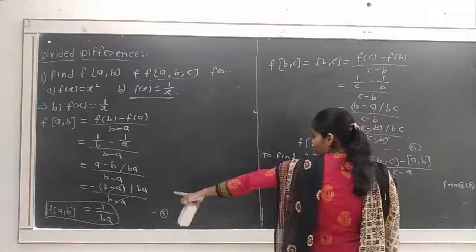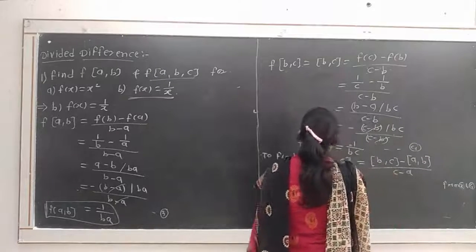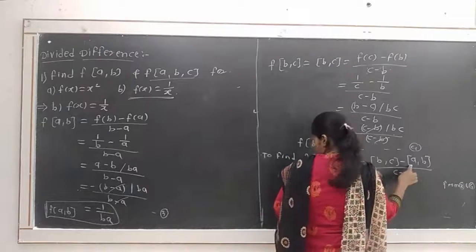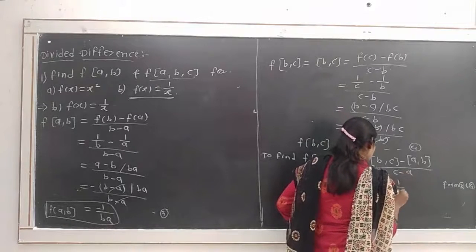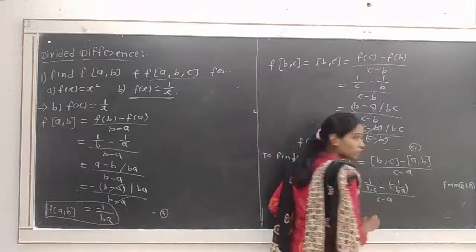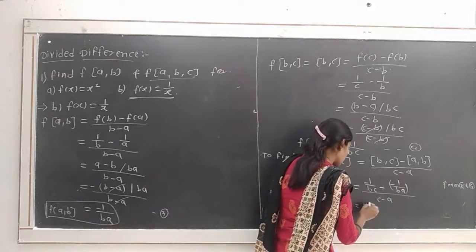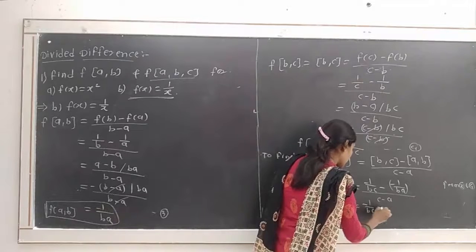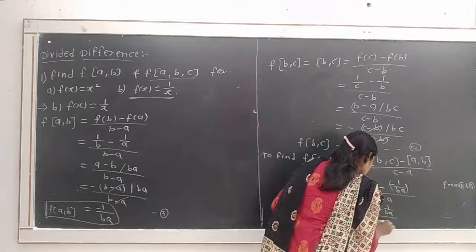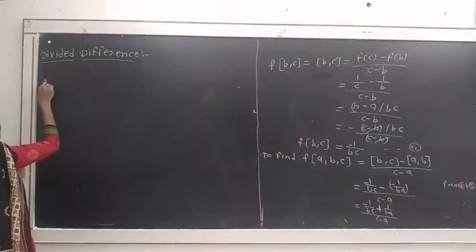We put the value: the divided difference for AB will be minus 1 divided by A into B, and f of BC, the divided difference for the arguments BC, will be minus 1 divided by BC. So this is minus 1 divided by BC minus, minus 1 divided by B into A, the whole divided by C minus A. Here minus minus becomes a plus, so we get minus 1 divided by BC plus 1 divided by B into A, divided by C minus A. Then we simplify this calculation.